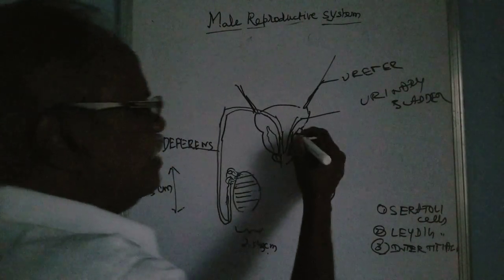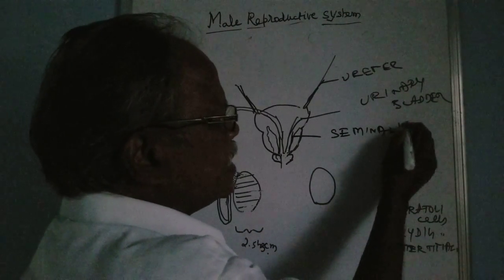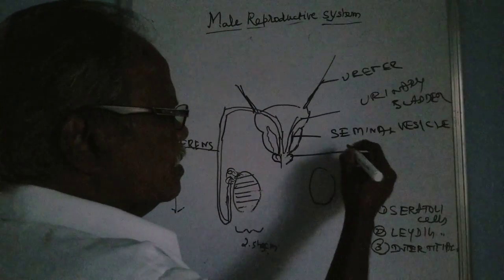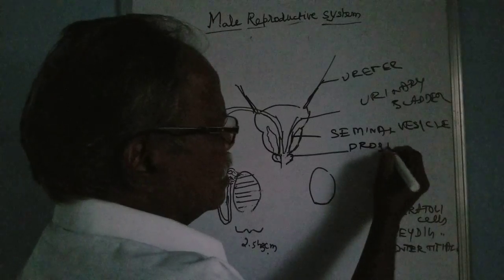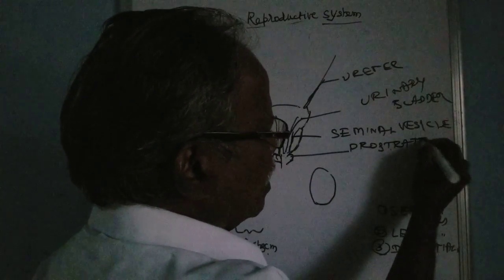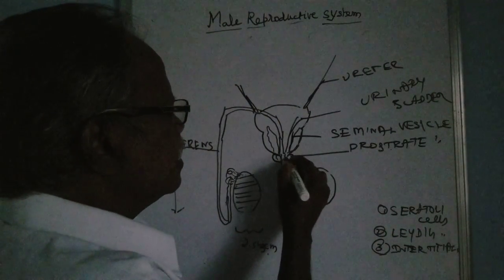One is called seminal vesicle. The second one is called prostate gland. Then the third one is called Cowper's gland.